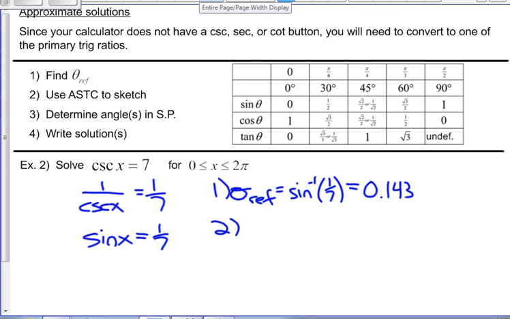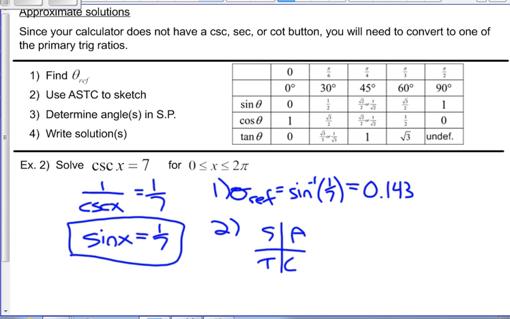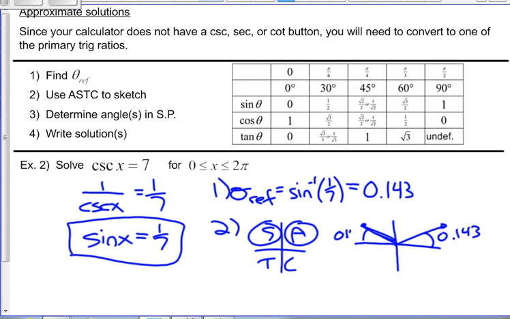Next step, decide what quadrants we're in. And the whole thing looks a lot easier once it's written this way. So since sine is positive, we're in quadrants 1 or 2. I'm not sure exactly how big this is, but the main thing is that I draw it in the right quadrants. 0.143.